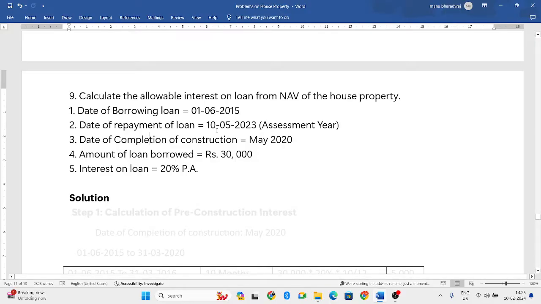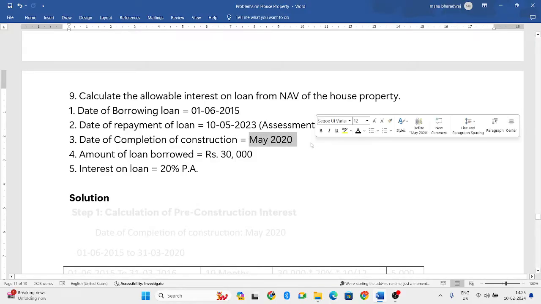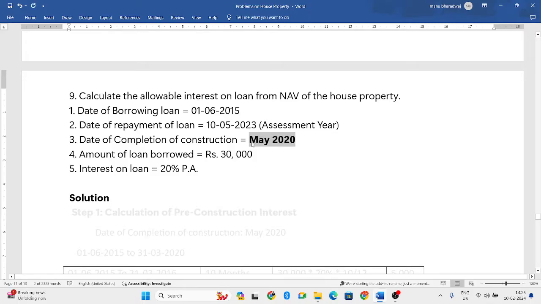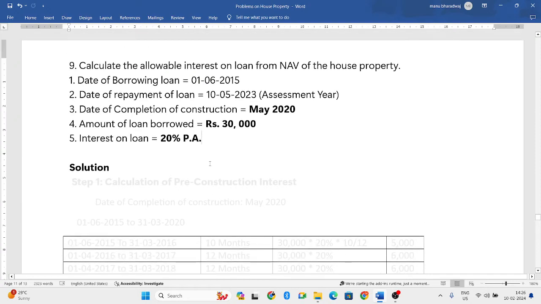Date of completion of construction is May 2020. Amount of loan borrowed, totally, is 30,000 rupees. The interest on loan is 20% per annum. With these details, we have to calculate the total interest on loan that can be deducted.